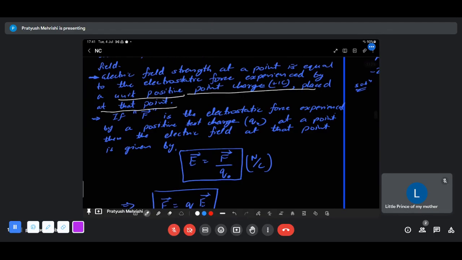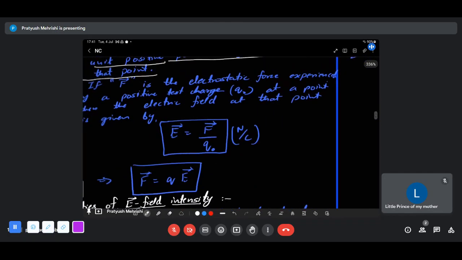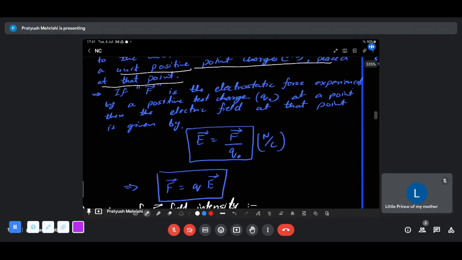Now, if instead of 1 coulomb charge, a Q naught charge is placed at that point, then what will happen? Instead of 1 coulomb charge, we are placing only a small charge Q naught at that point. Then the force will be on the charge Q naught.